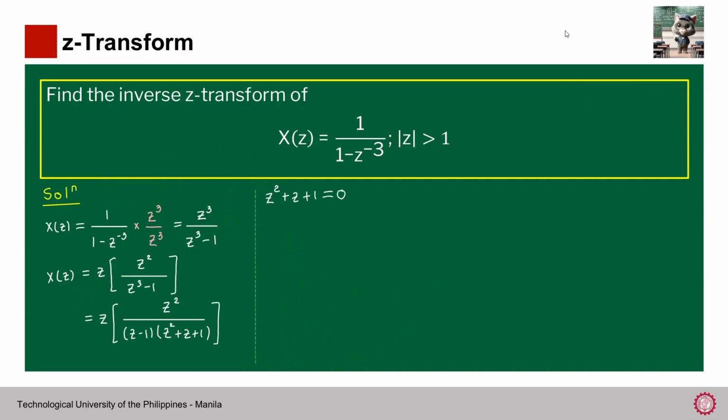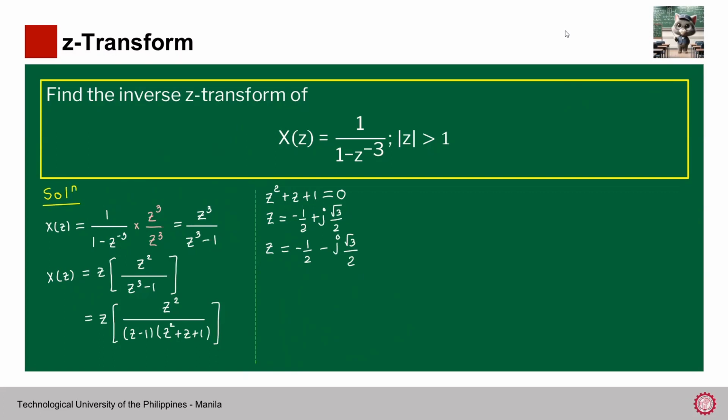Use your calculator to get the roots and you will get Z equals negative 1 half plus j root of 3 over 2. And the other one, there are two, is Z equals negative 1 half minus j root of 3 over 2. Clear? Clear.